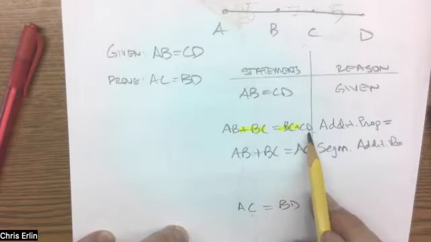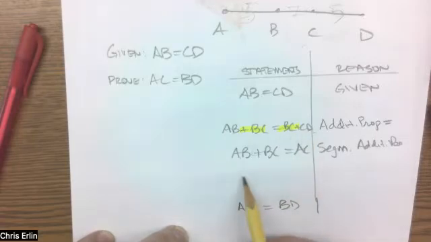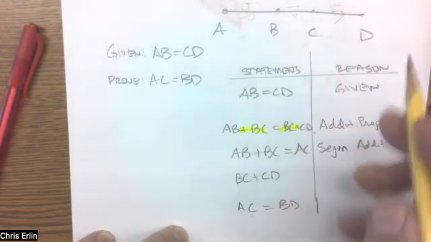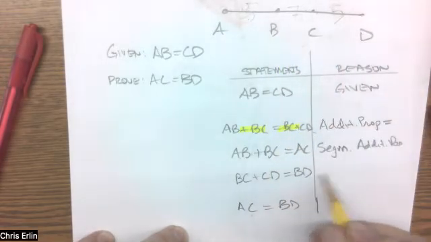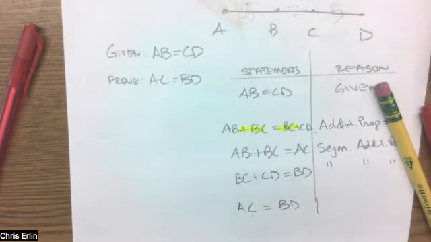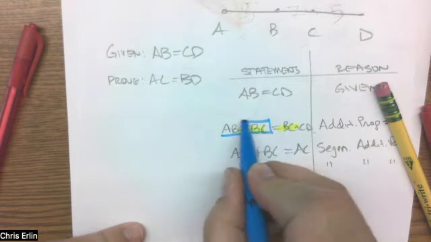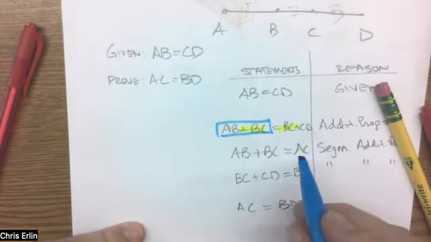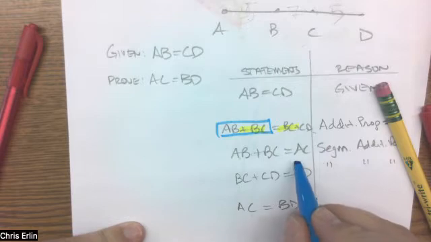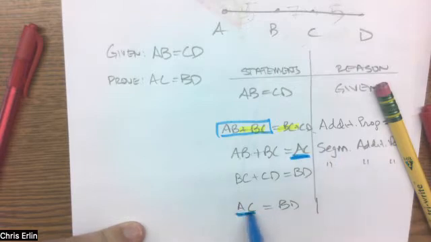What's BC plus CD? BC plus CD is equal to what? BD. That's also the segment addition postulate. And if I take this thing, isn't that the same as this? So I'm going to replace it with this.